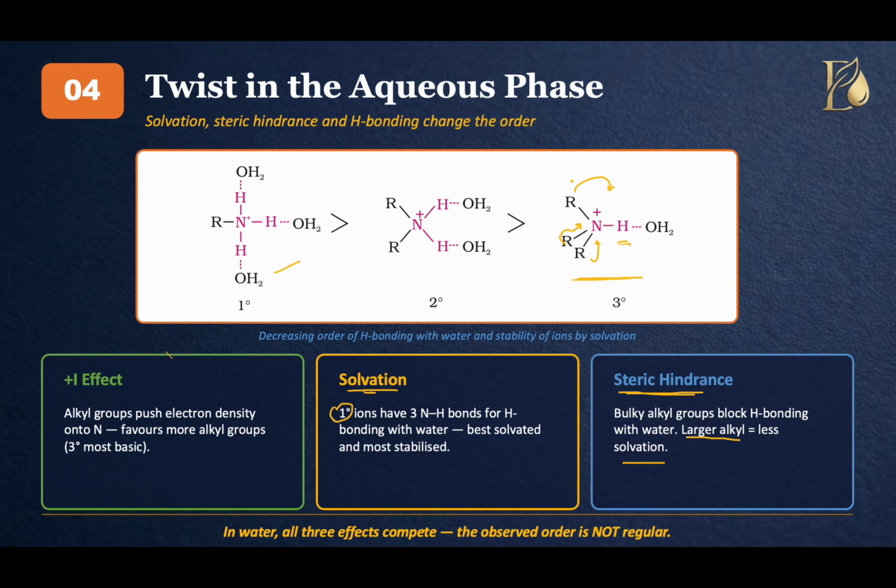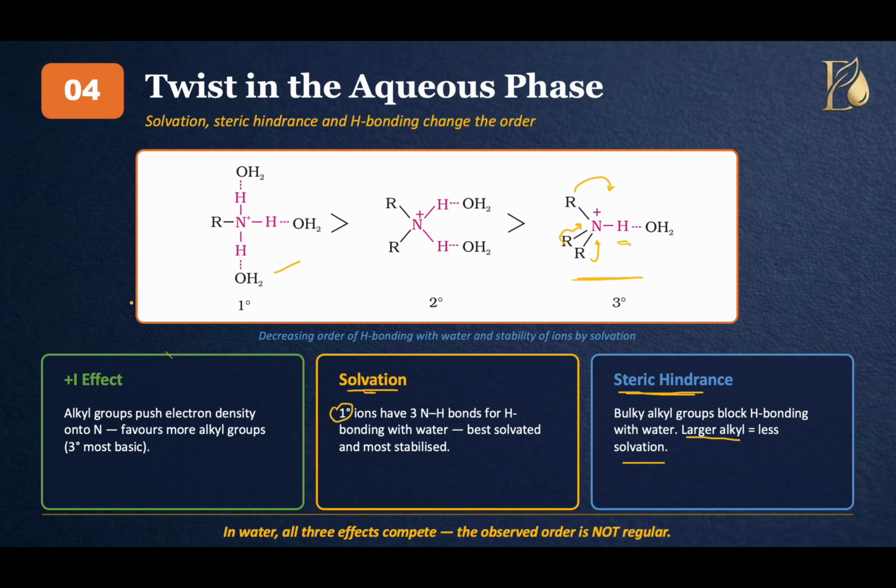As steric hindrance increases, solvation decreases. So even though tertiary amines have a strong plus I effect, they are poorly solvated in water because of steric hindrance and reduced hydrogen bonding. Therefore, in aqueous medium, the observed order of basicity becomes different from the gaseous phase order.